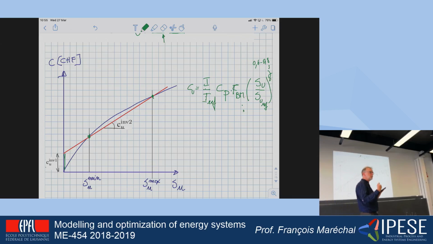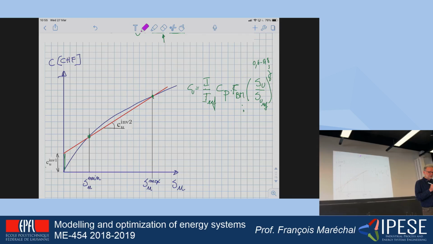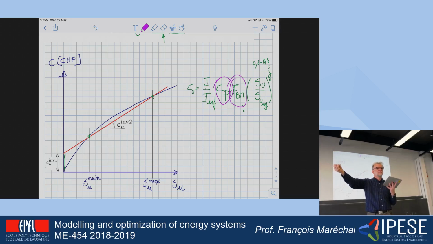Okay? That you obtain by looking in a book, and in the book you will find this value here, which is the purchase cost of the unit U. Okay? And in the book you will also find what we name the bare module factor, which is the factor that applies to the purchase cost, and it is going to define the fact that you have to plug the unit in the system.